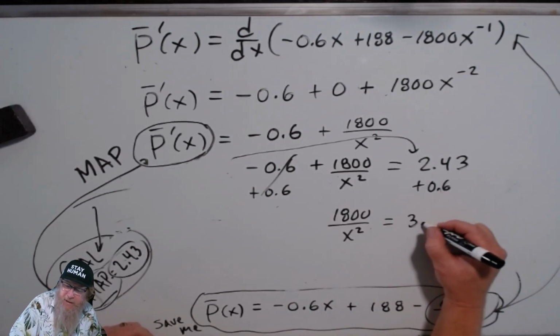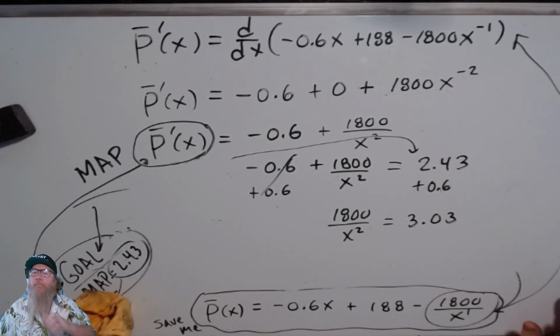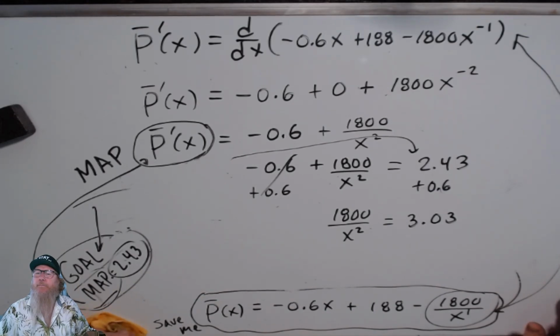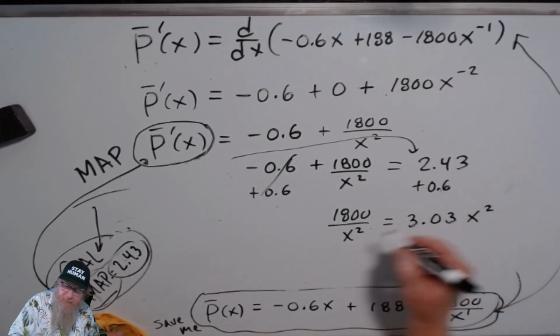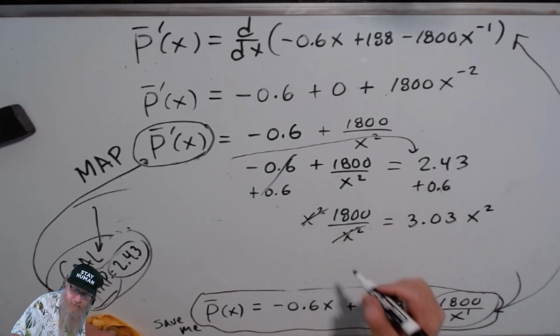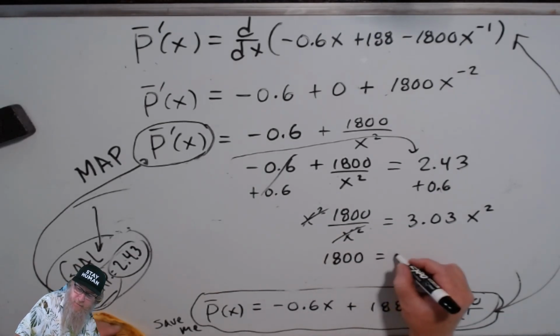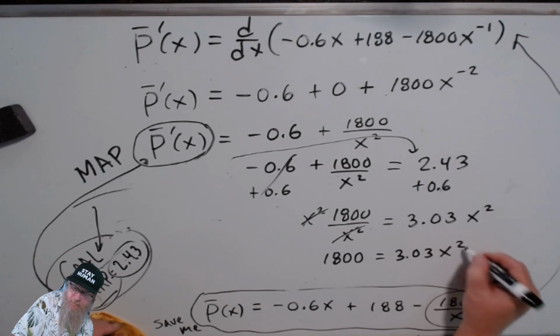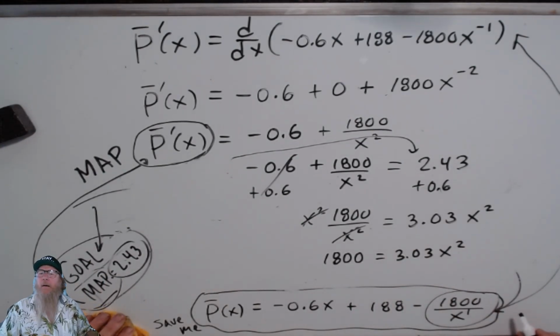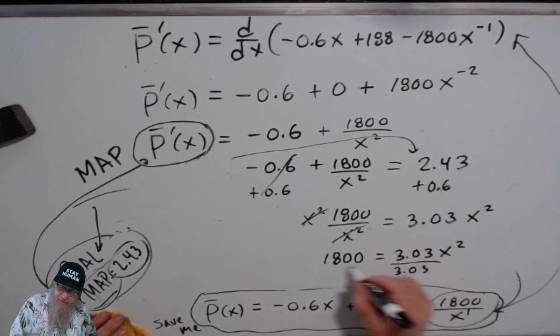That's going to be $3.03. All right, I'm going to multiply both sides by x squared. I'm going to divide by $3.03.